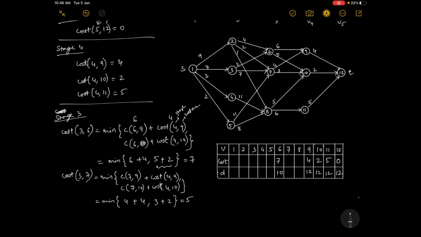See here, 10 is the vertex. Stage 4 10 vertex has given us the minimum cost. For this is the value, and for this is the value. So this has given us minimum, not this second term. So hence I have written 10 here.